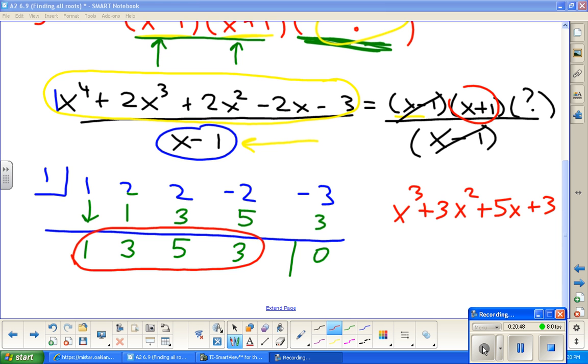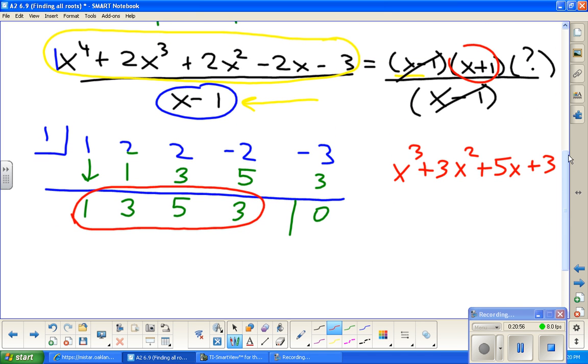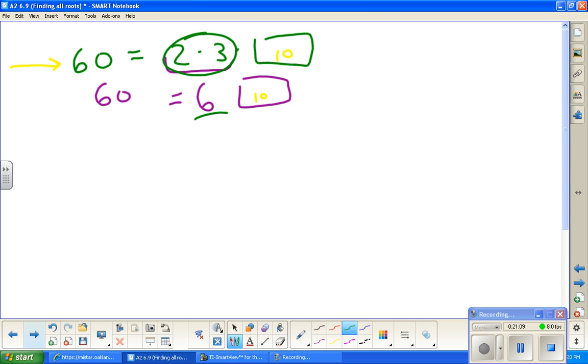Okay, so now what we did, now we're to the point where we have a 3rd degree, and we need to divide that now by the other factor that we haven't divided by yet. Okay, this is the 2nd division part. Like with the 60, remember we divided by 2, and then we divided that answer by 3.